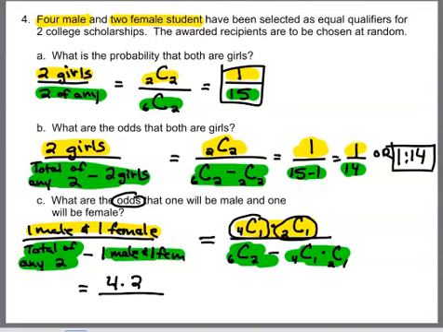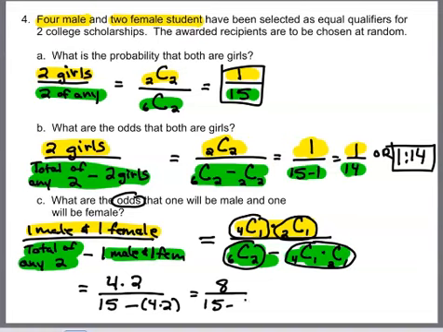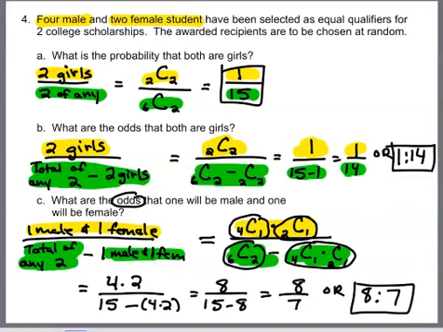We already know 6C2 is going to be 15. We calculated that above. And this, again, is going to be 4 times 2. So this is going to be 8 over 15 minus 8, which is 8 to 7.